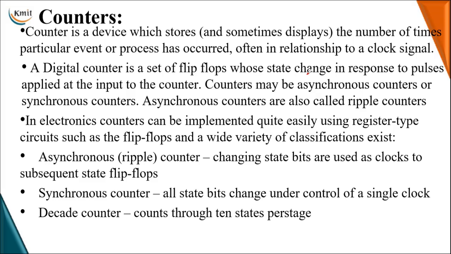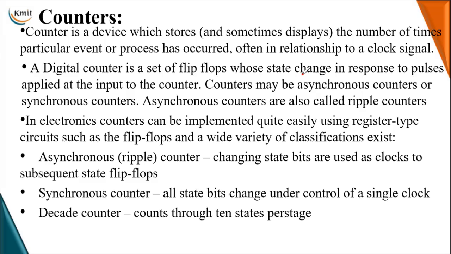An asynchronous counter is also called a ripple counter, where the outputs change state based on the applied clock signal, dividing the frequency, so you obtain the outputs of the counter. In a synchronous counter, the states of all the flip-flops are controlled by a common, single clock signal.